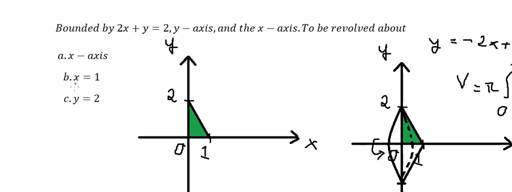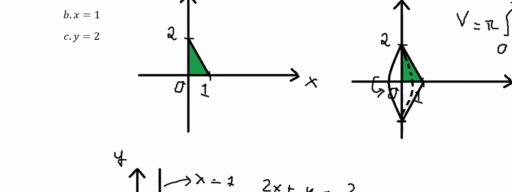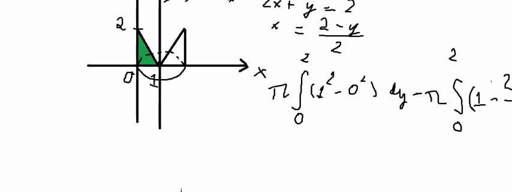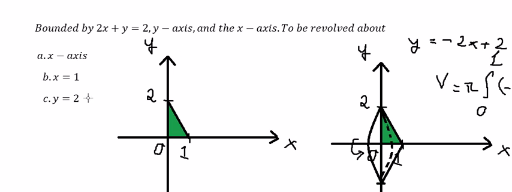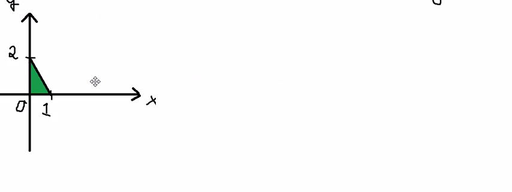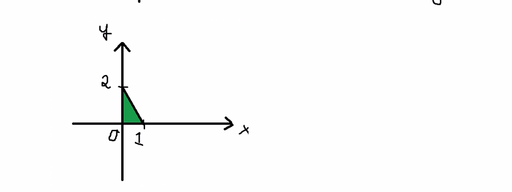And the last one, that's y equals 2, so I copy the graph in here. So we have y equals 2, that should be in here, and they want to rotate about y equals 2, and the graph should be like this.